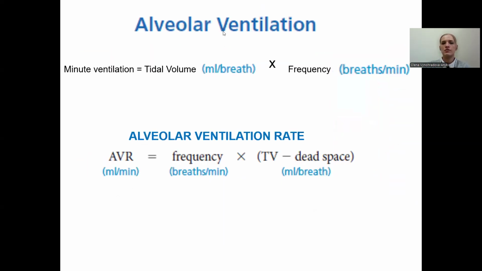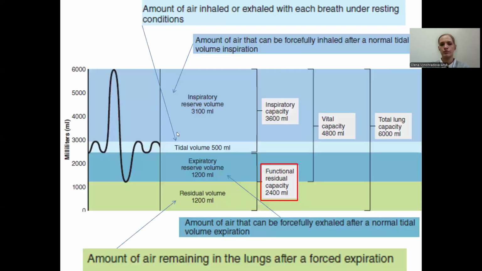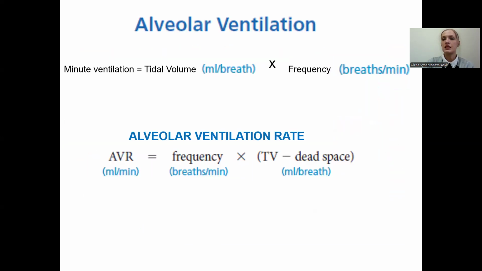Alveolar ventilation, the main formula we can calculate: minute ventilation equals tidal volume, which for an average adult person is nearly 500 milliliters, multiplied by the frequency of breathing.